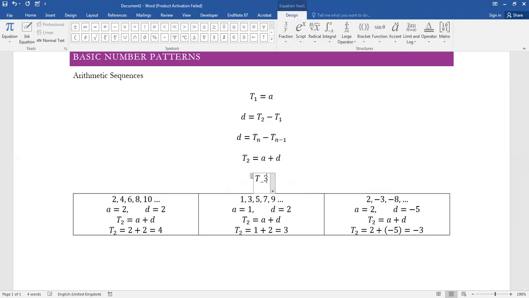What about the third term? The third term can be found by taking the second term and adding the difference to it. In place of the second term, I can write a plus d. So the third term becomes a plus d plus d, which is a plus 2d.